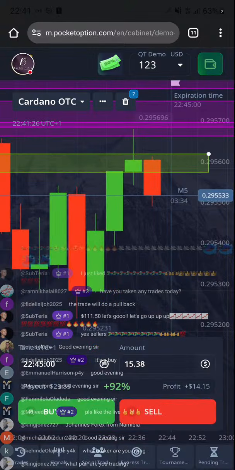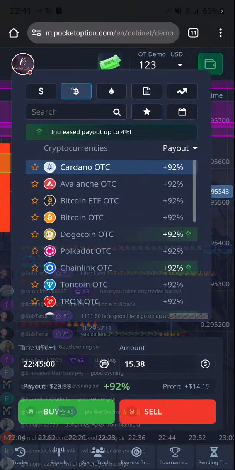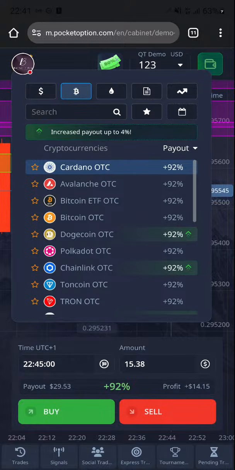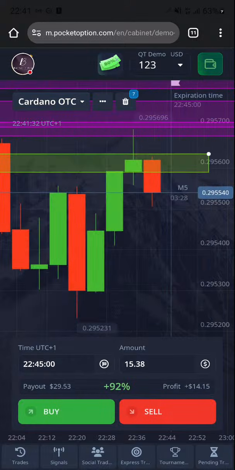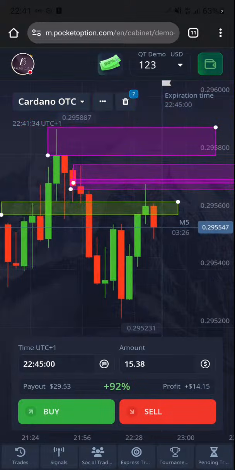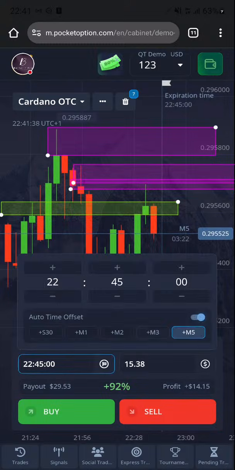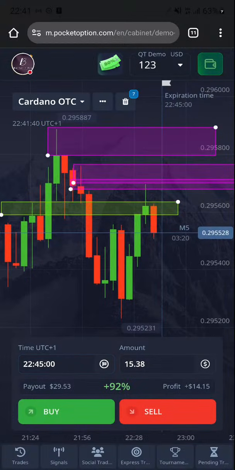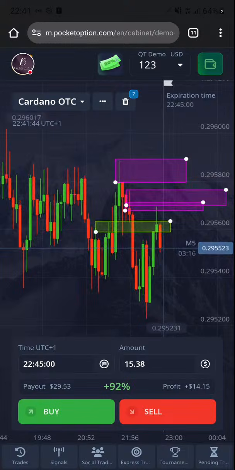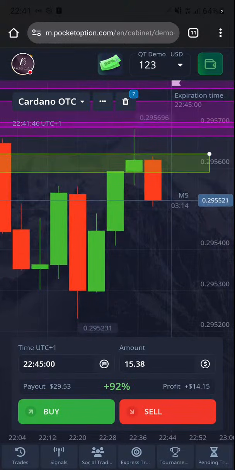It's Cardano, under the cryptocurrency section. It's Cardano OTC, the time frame is M5, and the trade time is also M5. So that's the whole setup. It's very, very simple actually.